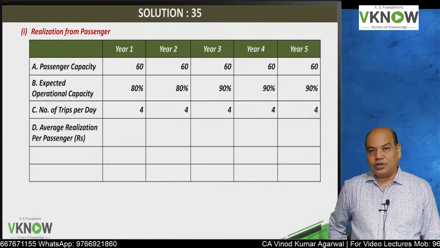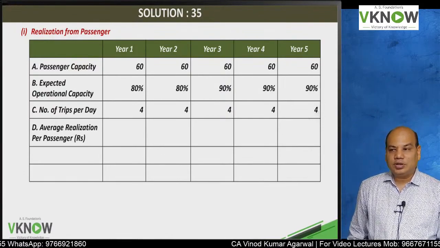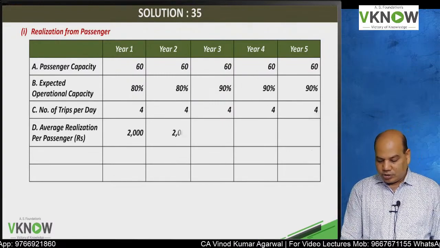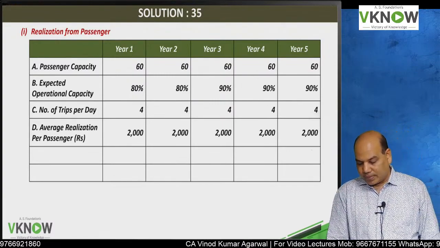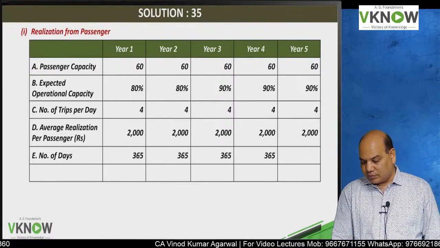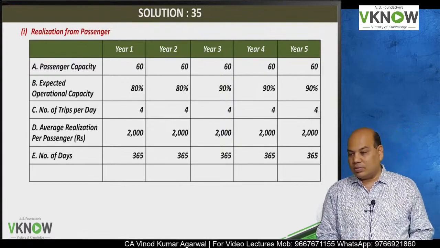Then average realization per passenger. On an average, how much fare they are going to charge. They have written 2000. Then write down number of days, 365 days written in the problem.